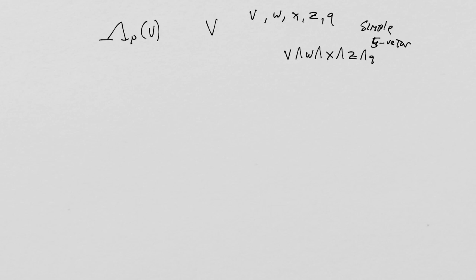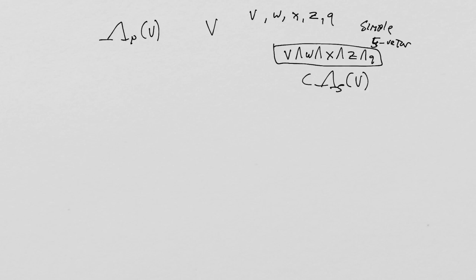This is a simple 5 vector because this thing is an element of the 5th exterior power of the vector space V, but it can be expressed in a single term. It can be expressed as a single wedge product.